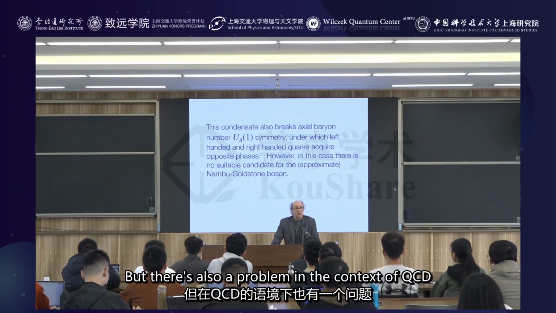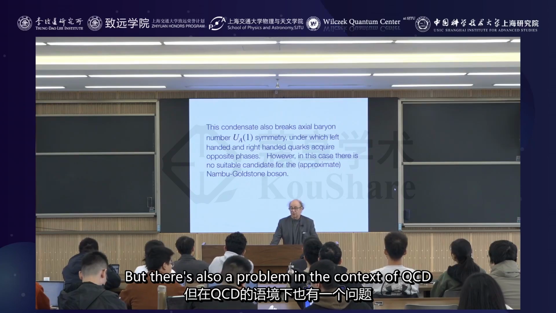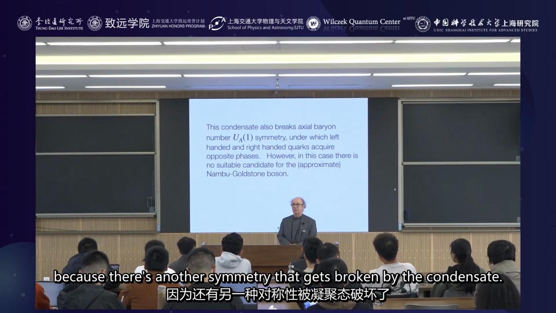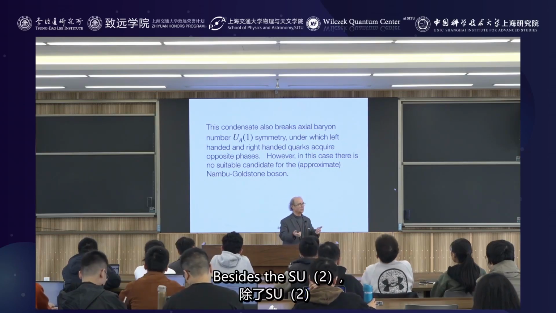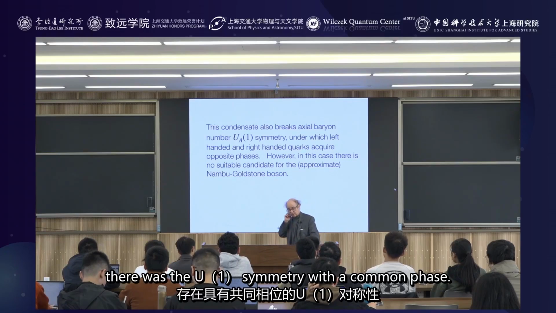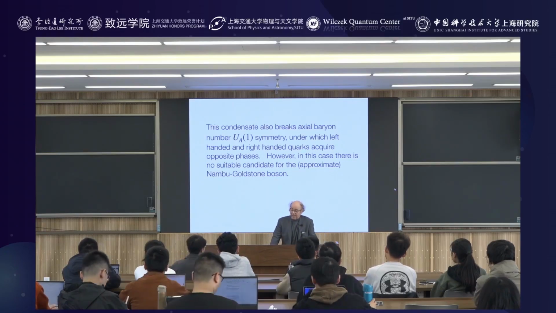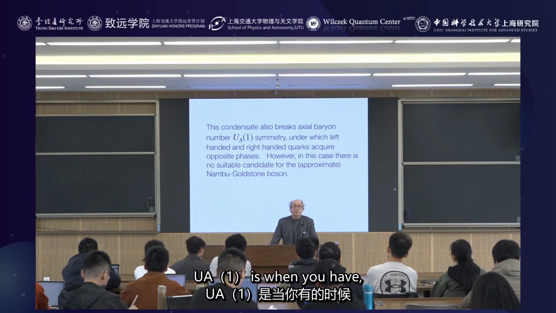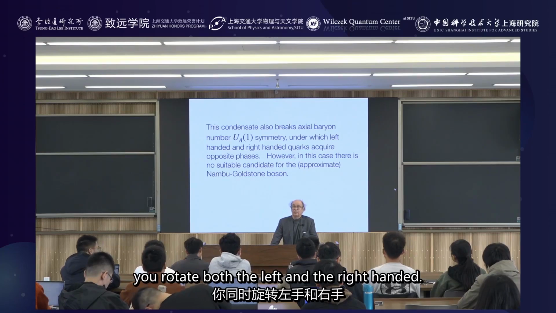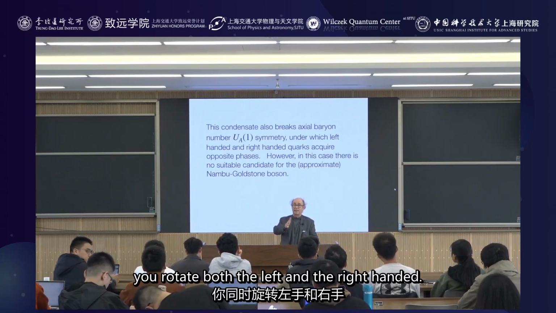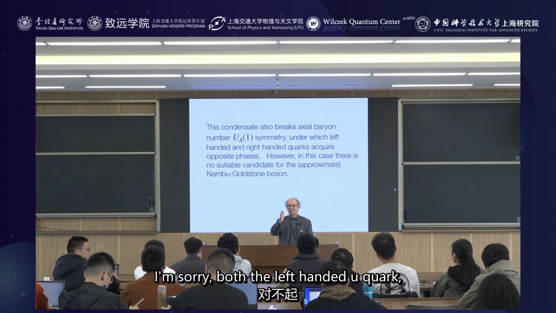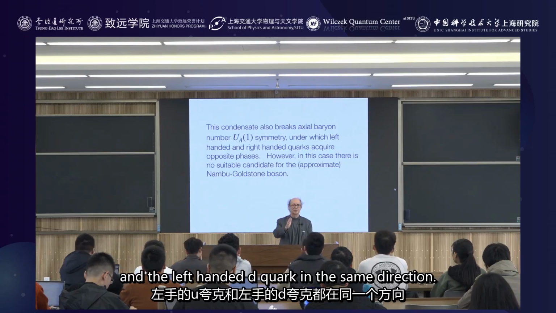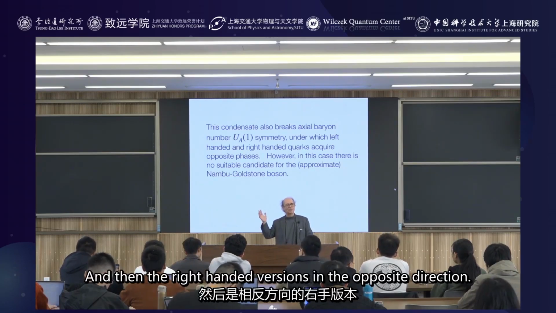But there's also a problem in the context of QCD, because there's another symmetry that gets broken by the condensate. Besides the SU2, there was the U1 symmetry with a common phase, and you can have the axial U1, UA1, where you rotate both the left-handed U quark and the left-handed D quark in the same direction, and then the right-handed versions in the opposite direction.